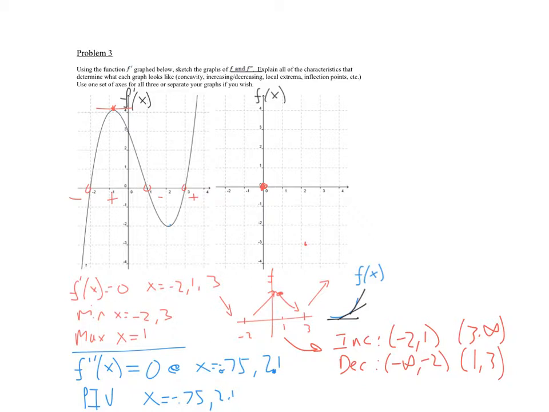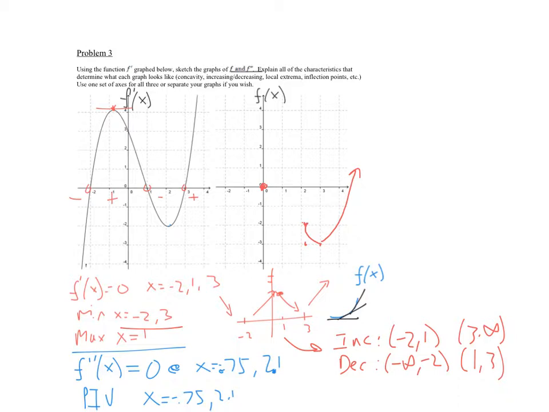Okay, we have a point of inflection at, I lied. Hold on a second. Let's back up. Our minimum is at 3. Our point of inflection is at 2.1. So that means it's going to change to concave up from here.